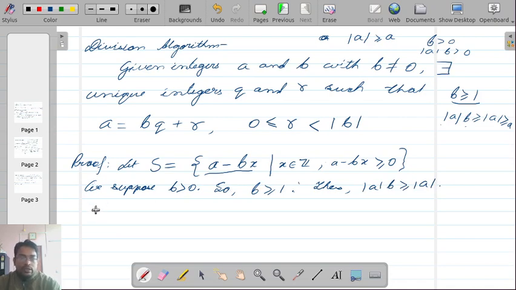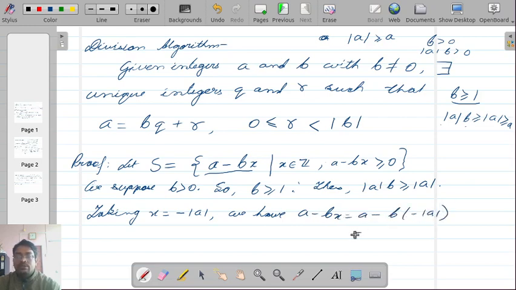So taking x equal to minus mod a, we have a minus bx, which is equal to a minus b into minus mod a. This is equal to a plus b into mod a. This is always greater than or equal to 0. So a minus b into minus mod a is an element inside S.